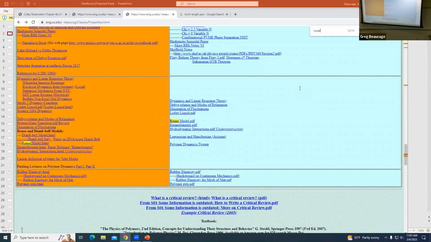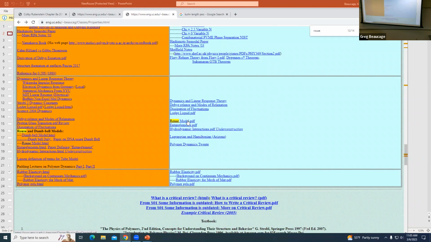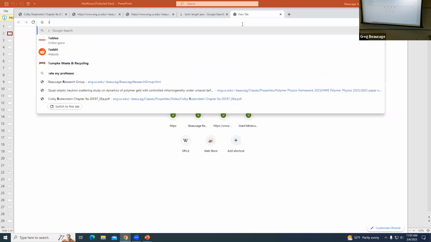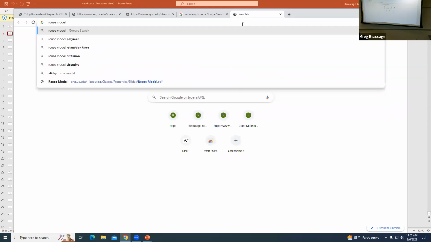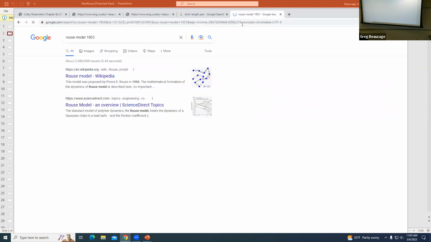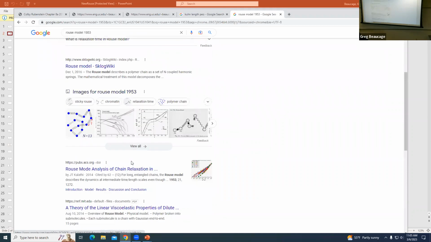I'm looking for the Rouse model. This might be it. No, that's probably not it. I'm looking for the paper. That's back at the beginning, right? Maybe it was that last thing. The paper is definitely here. It's from 1953, and you can find it someplace on my webpage.